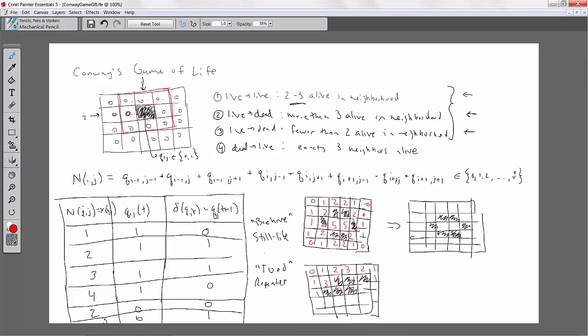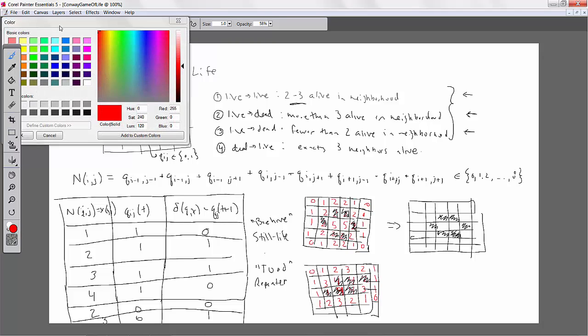This has 3. This has 4. This one has 3. This one has 1. And we can go back. So it has 1, 2, 3, 2, 1, 0. Right. Actually, I made a mistake here. This one, it doesn't have 3, it has 4. Okay. So 1, 2, 3, 4.